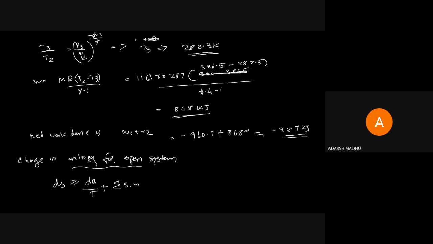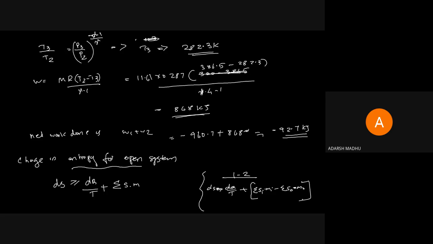For a process 1 to 2, the equation will become ds greater than or equal to dq by T plus sigma s initial into m initial minus sigma s out into m out.